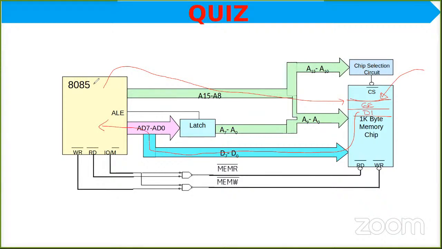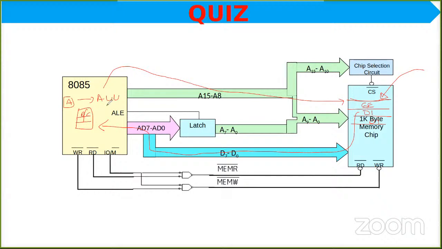So what is happening? The 8085 requests the memory via the address bus. Then the data comes via the data bus and gets stored inside these registers B, C, D, E, H, L, whatever we have seen, or inside the accumulator. The accumulator, along with the entire ALU, does the operation. If I want to add 1 and 2 together, that 1 and 2 is brought to the accumulator and all these things happen inside the CPU itself.